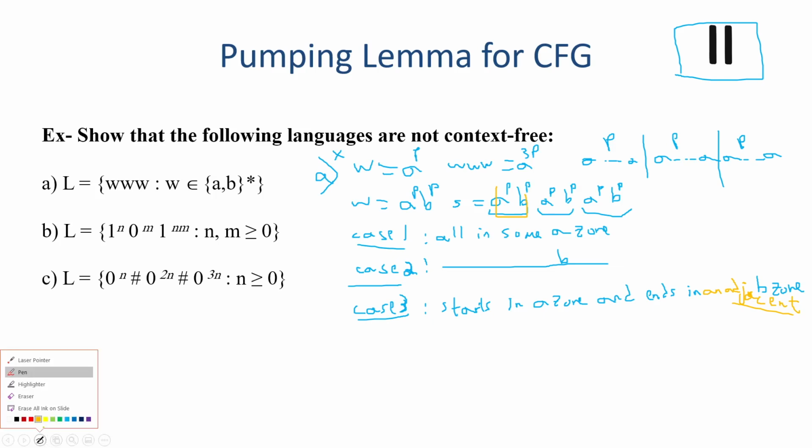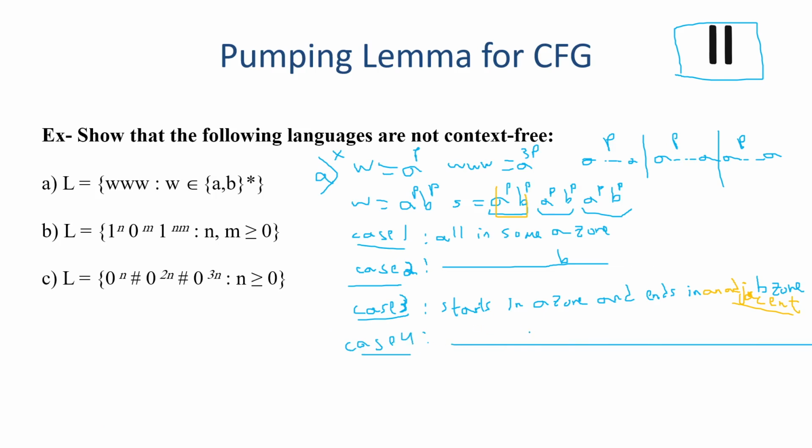Or case 4 is the opposite. I'm starting in some B zone first, and then I end in an adjacent A zone. Now, as I mentioned, maybe I just cared about specifying the cases.